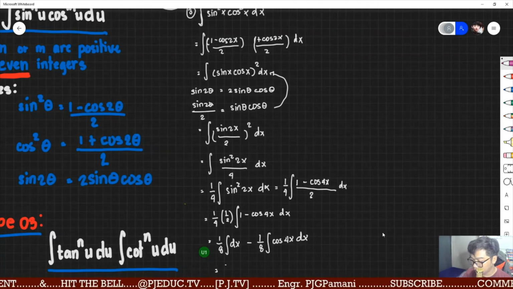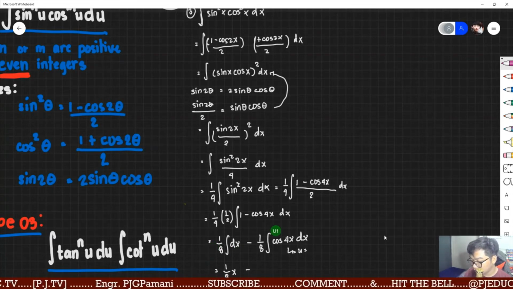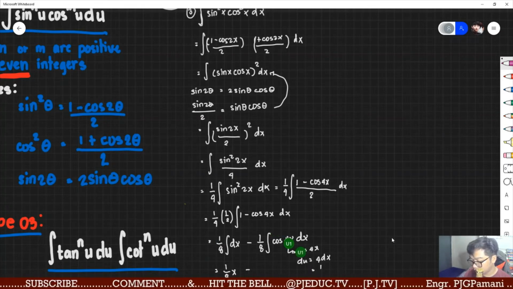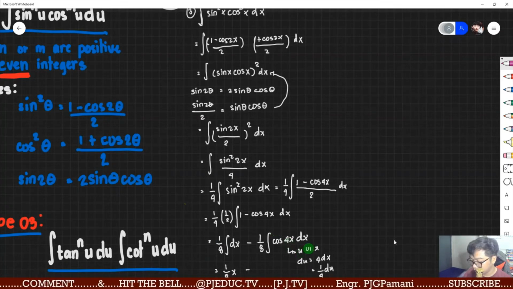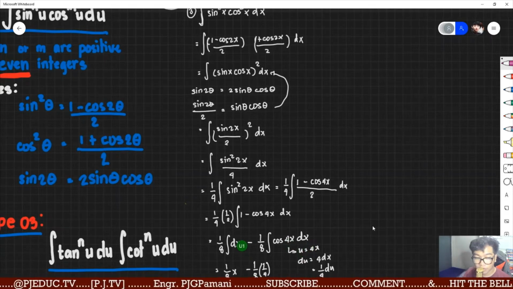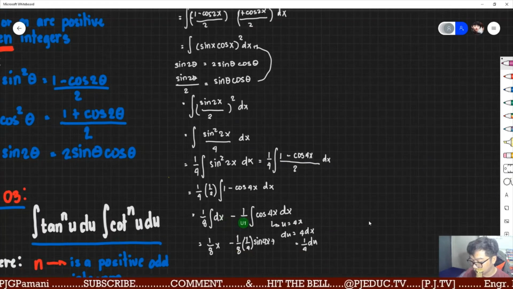Then, 1/8 x. Correcting factor, makukuha natin dyan, 4x du 4dx. Correcting factor of 1/4 du. So, 1/8 times 1/4. Integral of cosine is positive sine 4x plus c.